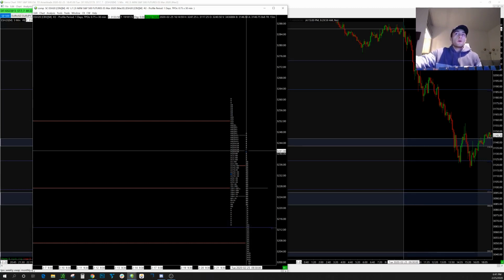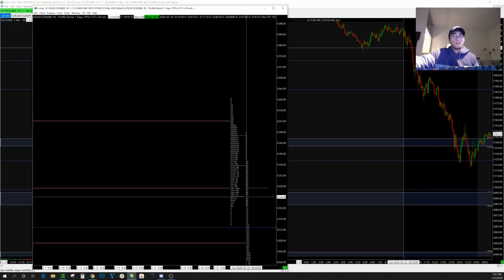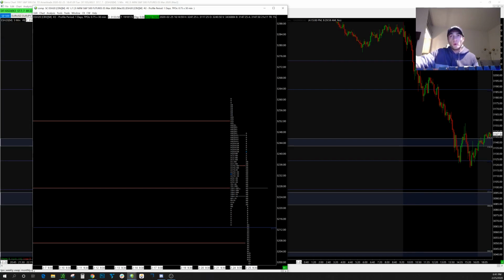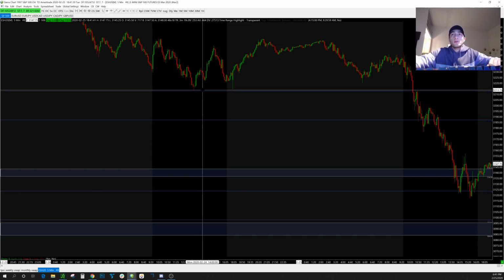But yeah, A period, first 30 minutes of the open, it opened up right here, 32.40, wicked into yesterday's value area high, and rejected pretty strong, and the market never came back to retest that high.